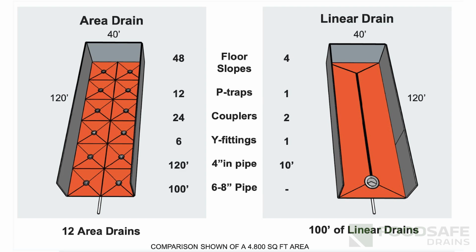And how that works is you just look at it in a 4,800 square foot area, and you'll note that, well, if we do an area drain approach or we do a linear drain approach, whether that's a slot or a trench drain, you can see the amount of floor slopes, 48 floor slopes. So in this example, just on material alone, it's $1,000 per area drain savings to go with a slot drain or a linear approach.